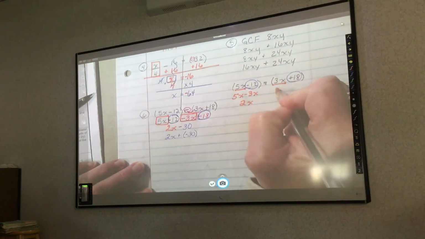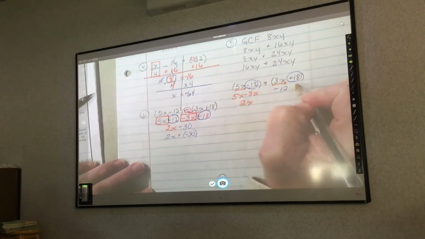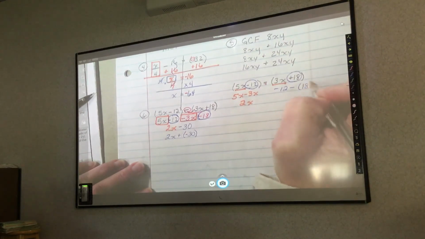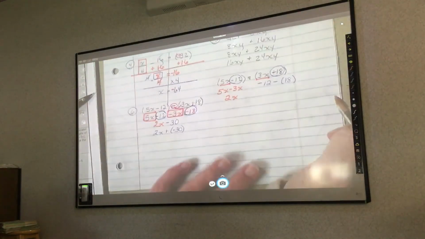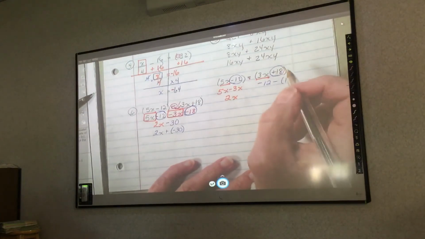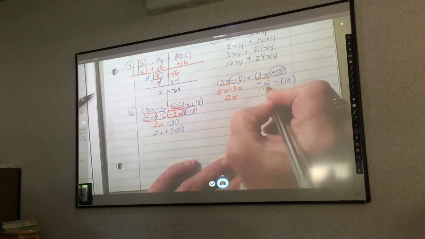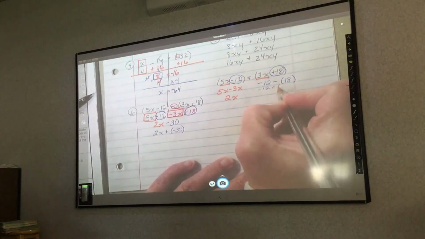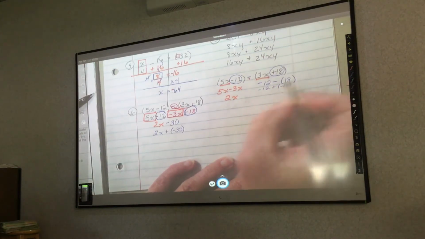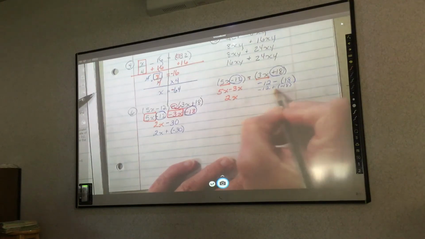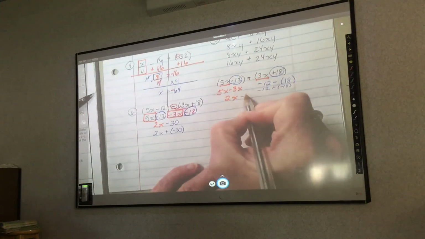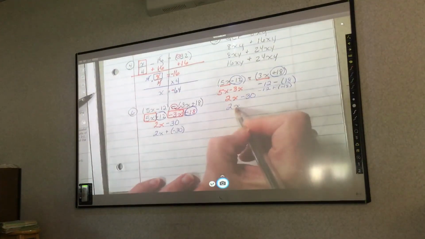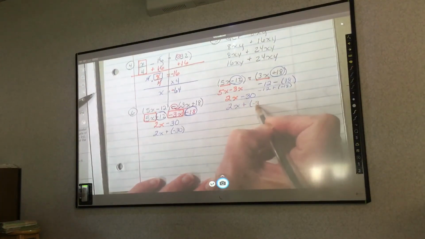So I'd write it as negative 12 minus 18. When I show it like that, I have to show my rules. Keep the negative, change the subtraction to positive, change the positive to a negative, and then it's showing I'm adding 12 plus 18, which would be a negative 30. Or again, I could write it 2x plus negative 30.